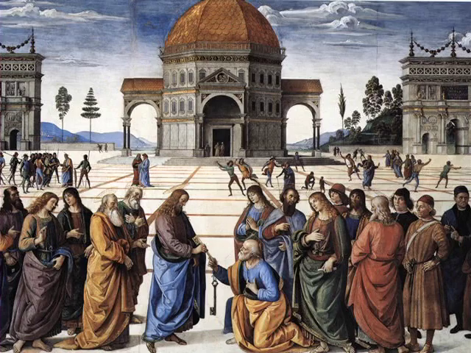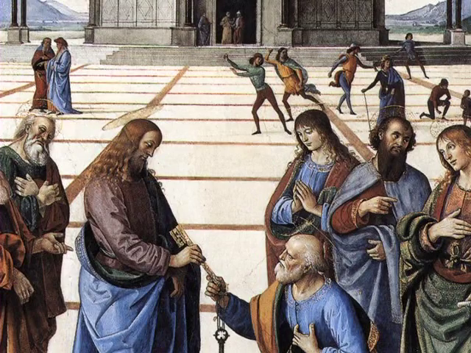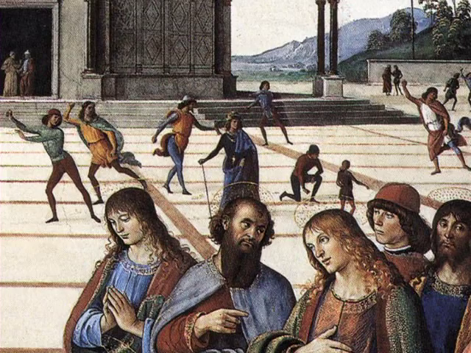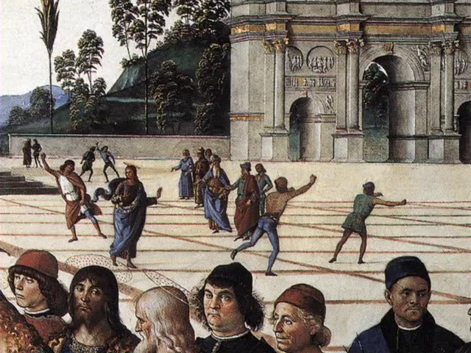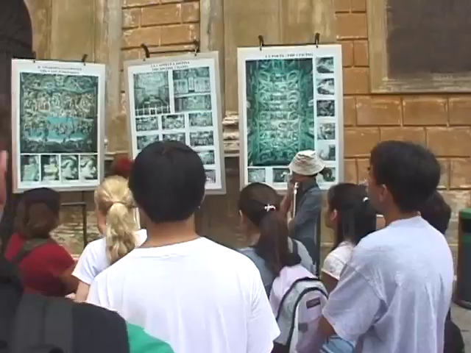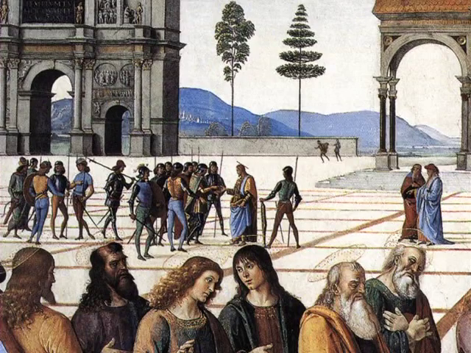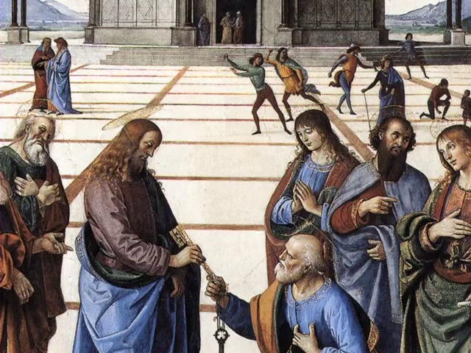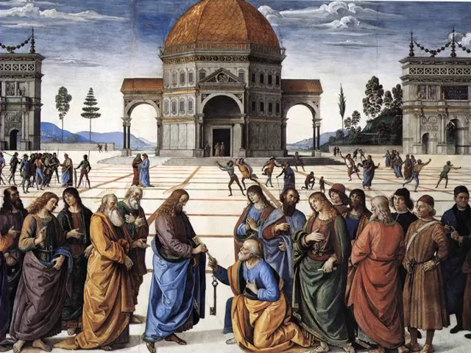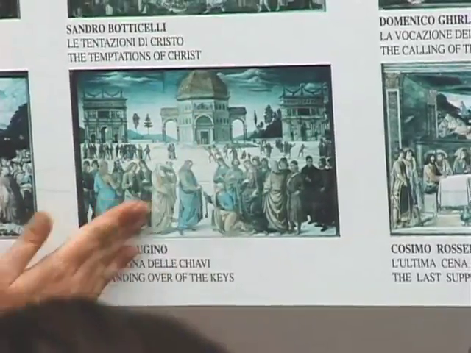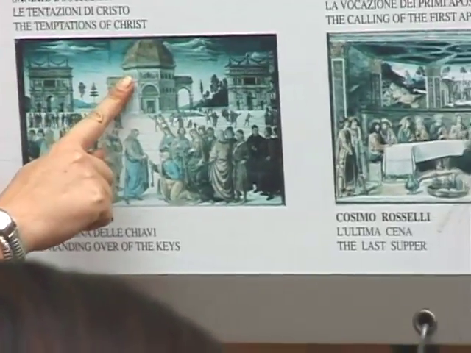You can see in the new way of art, the perspective is perfectly calculated here. Look at the lines that are depicted on the square. They always go to the focal point.